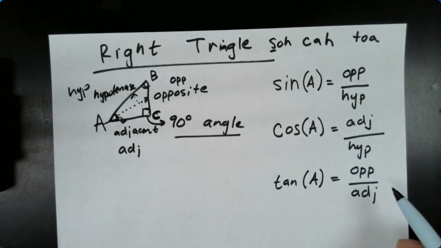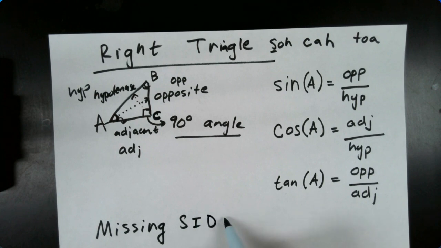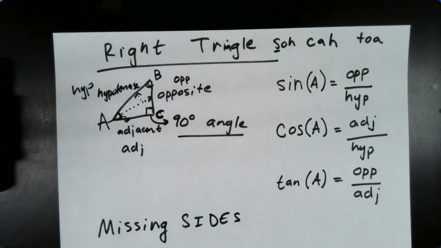Okay, so we're going to use this again, but last time we just set up the relationship. This time we're going to have a missing side. So today we're doing missing sides. I'm going to hand you the worksheet and we'll do some of these missing side problems together.